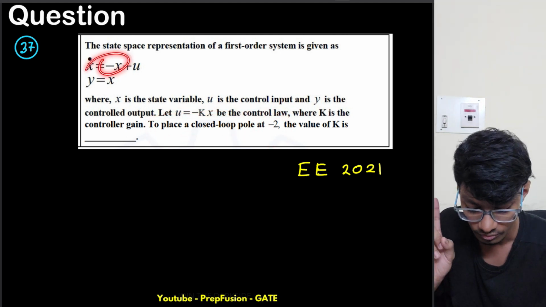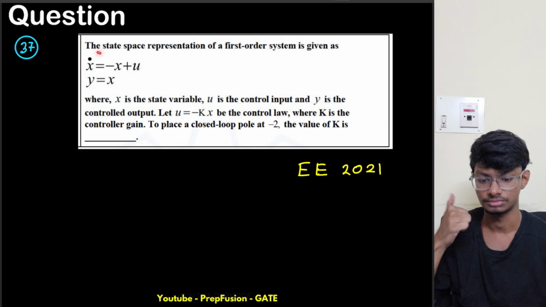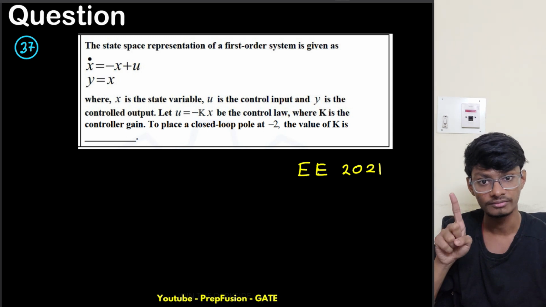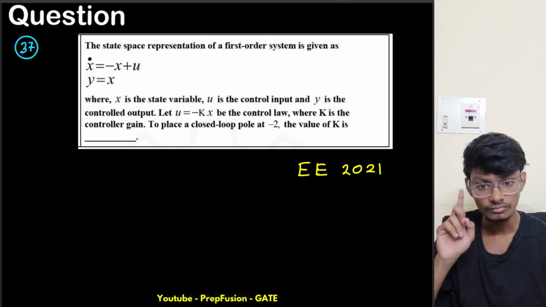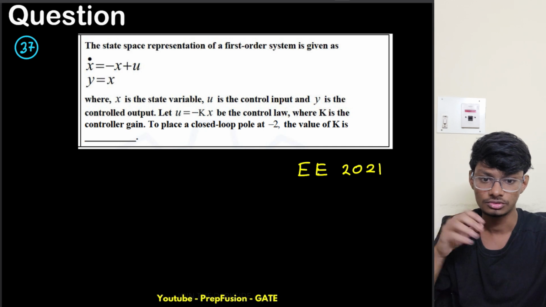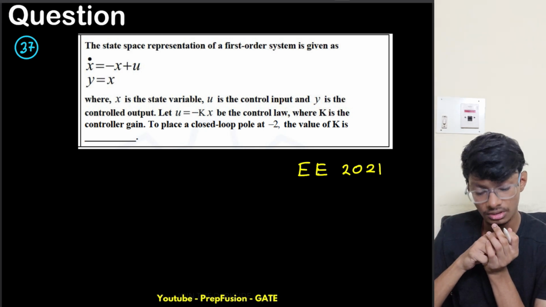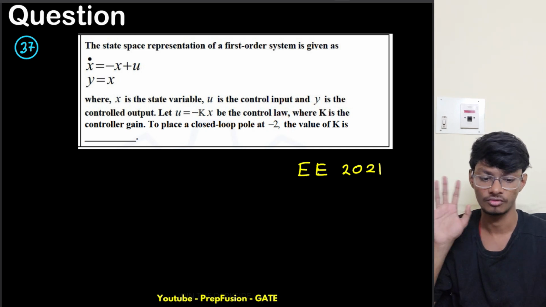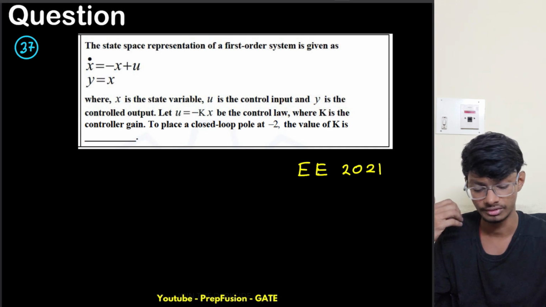So can you tell me where is the pole right now? Tell me where is the pole of this state space representation right now. What is the eigenvalue? Eigenvalue is -1, right? So I need to place the pole at -2. So I need to shift the pole from -1 to -2. So how will I do that?